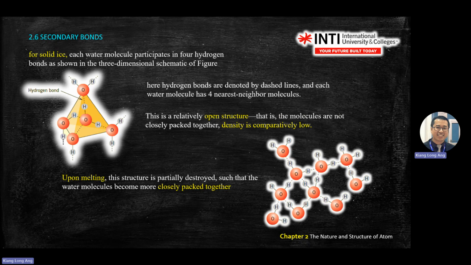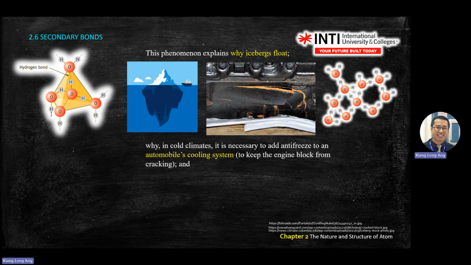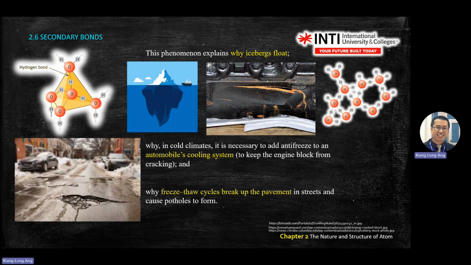Hydrogen is a very special element. These are all examples of automobile cooling systems. In cold countries, you will break all this, right? Roads in cold countries also break because of the water properties.